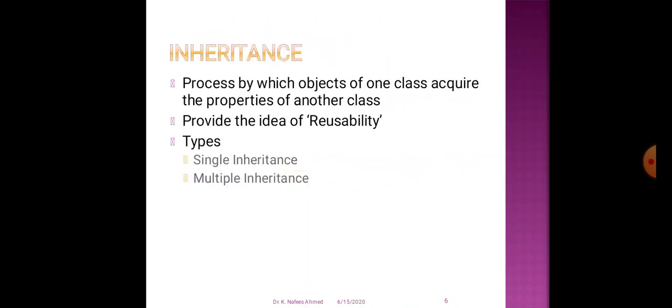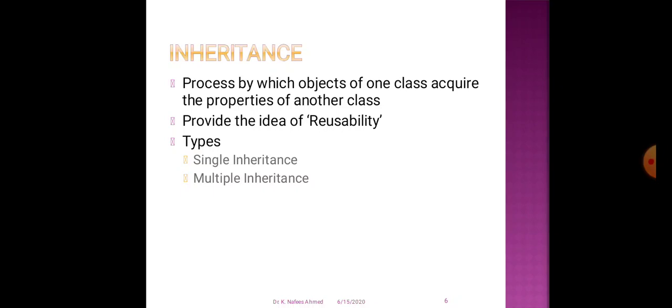Then we have the concept of inheritance, defined as the process by which objects of one class acquire the properties of another class. So heredity or inheritance. For example, a son is inheriting the properties of a father. Likewise, a daughter is inheriting the property of a mother.